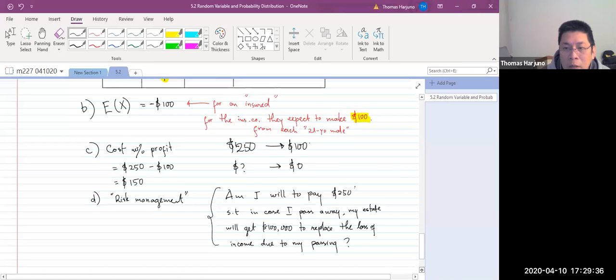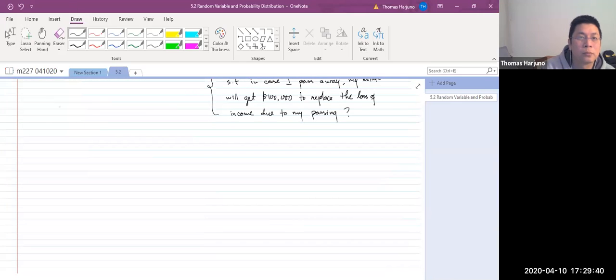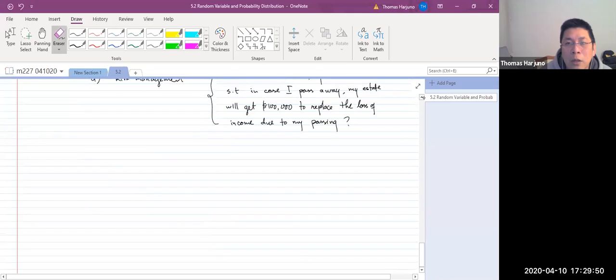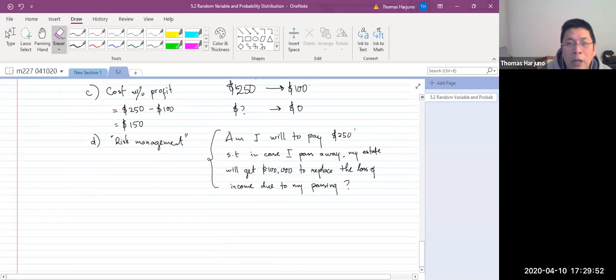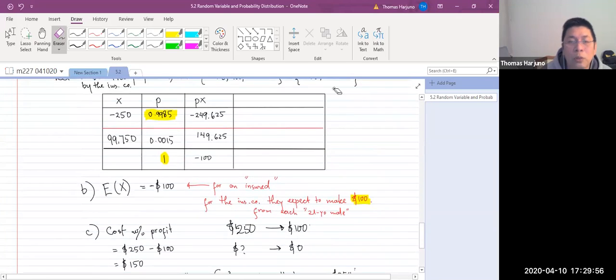What is the harder part, Thomas? The following. Oh, you know what? I forgot something. Let's go back. Earlier, I said that in case you need to compute the variance, then what do you do?